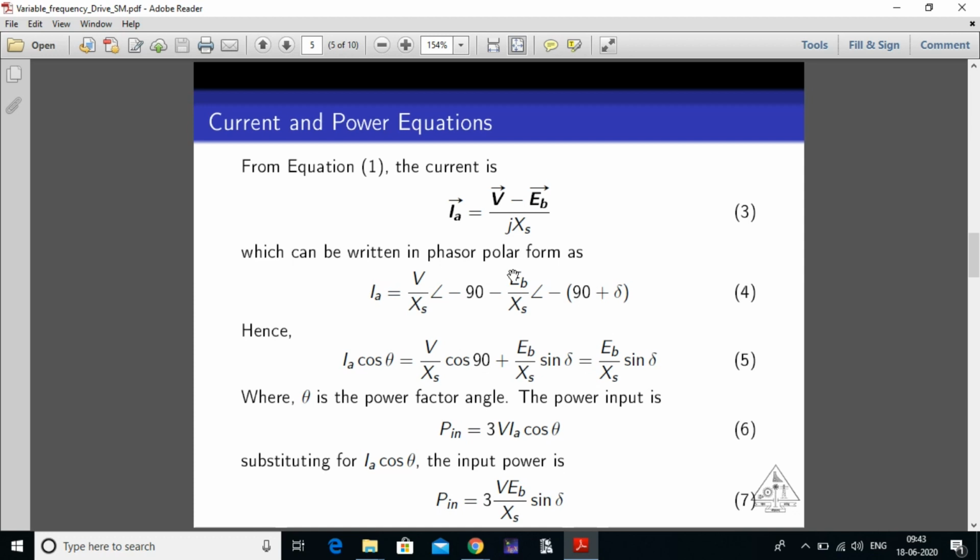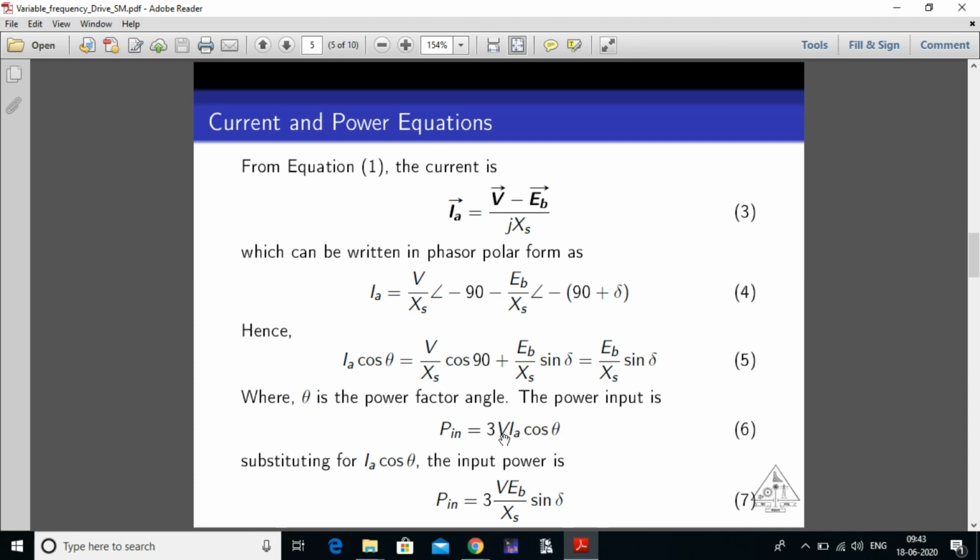Therefore, the second term will be Eb by Xs sine delta. The first term is V by Xs cos 90, but cos 90 is 0. The first term vanishes and we will get only the second term. Therefore, Ia cos theta is equal to Eb by Xs sine delta. Now, power is equal to 3 times V into Ia cos theta.